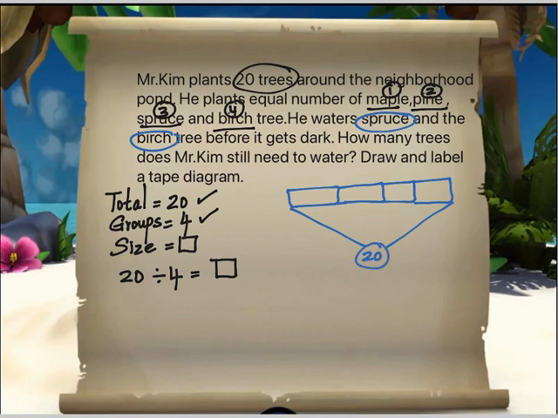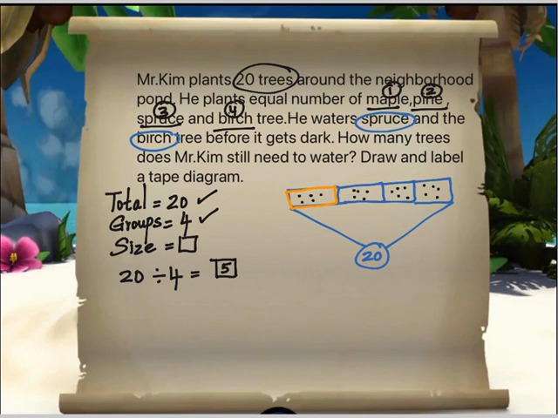And the total is 20. Let us divide. 1, 2, 3, 4, 5, 6, 7, 8, 9, 10, 11, 12, 13, 14, 15, 16, 17, 18, 19, 20. So each group has 1, 2, 3, 4, 5 in it. So 20 divided by 4 is 5.